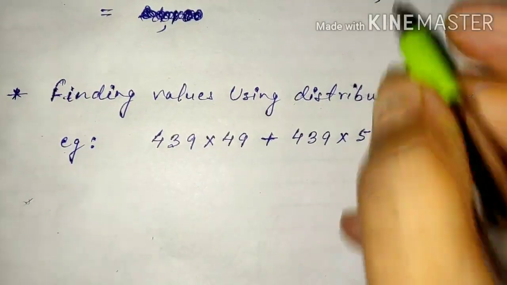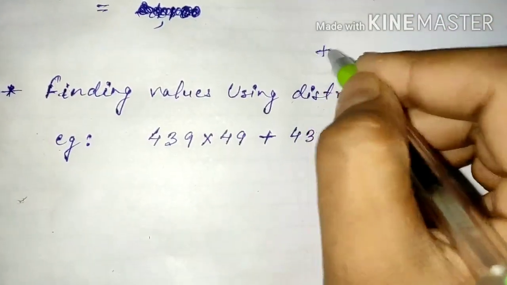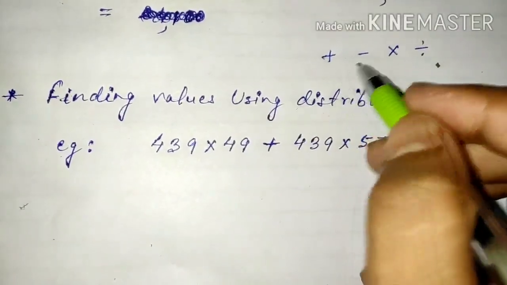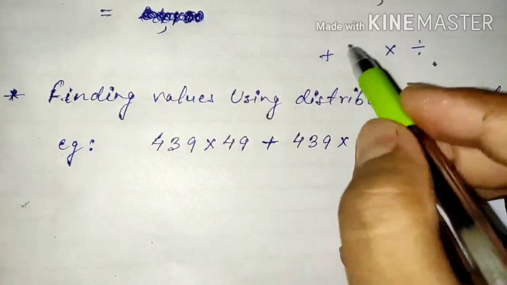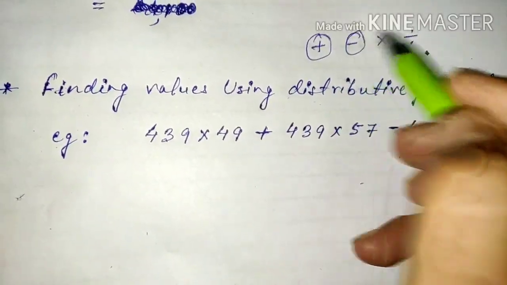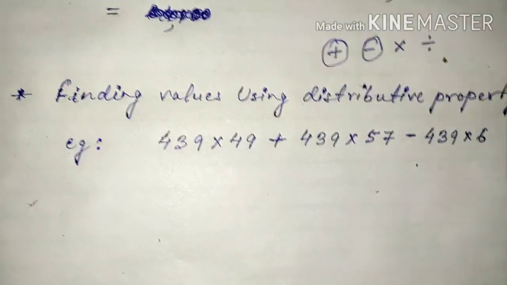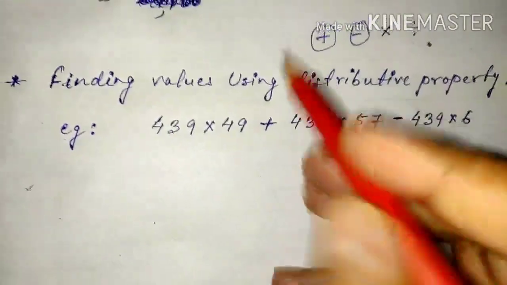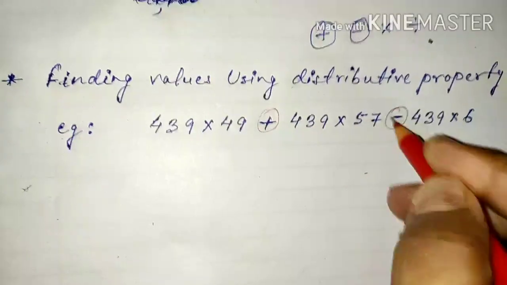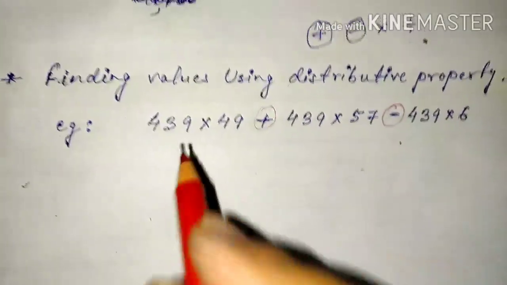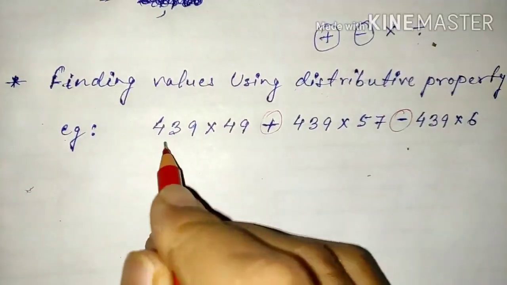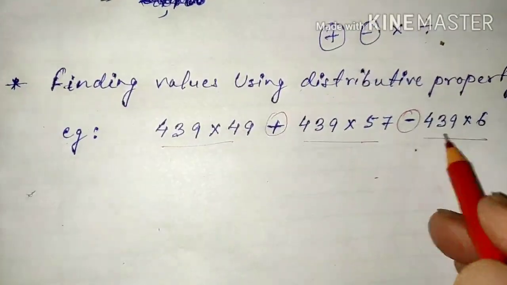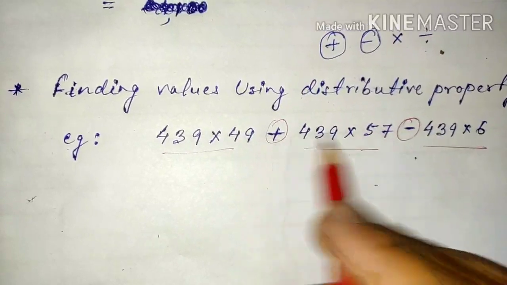Now the thing to remember is that out of the four fundamental operations in mathematics, addition, subtraction, multiplication and division, these two are called the separating operations, and here the whole term is separated by a plus and a minus sign. So the whole term is divided into three parts: first, second and third, by these two separating operations.